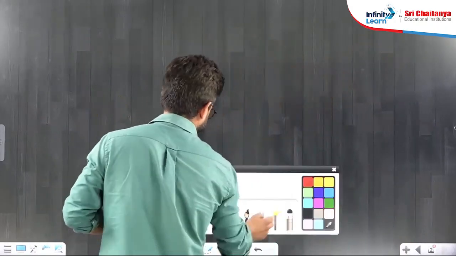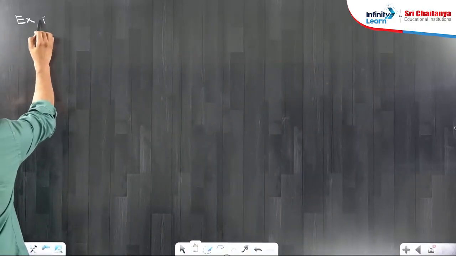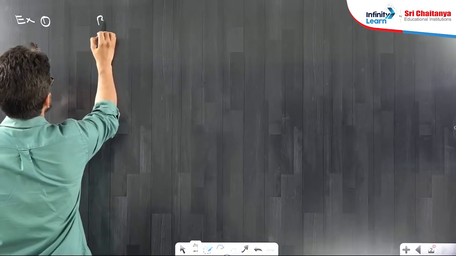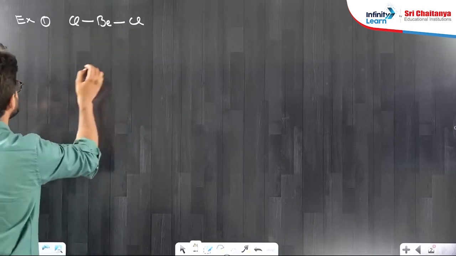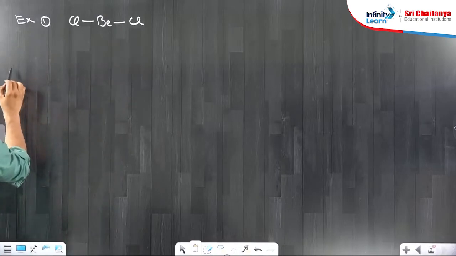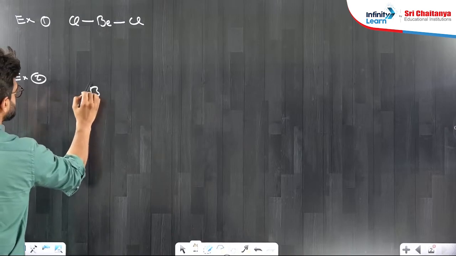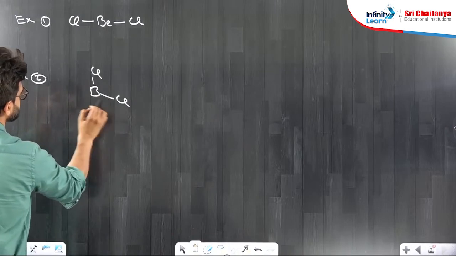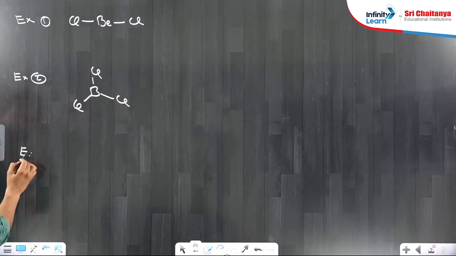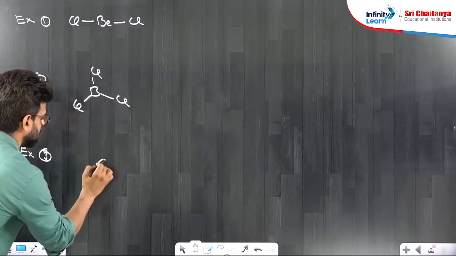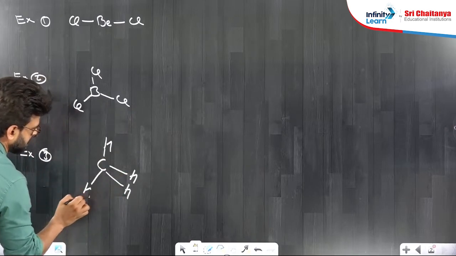So we will take example, like if I am saying example number 1, I am taking the BeCl2. BeCl2 is having this structure. You can easily draw the structure using the technique which we discussed. If I take example of BeCl3, so here it is BeCl3, right? Now third one, if I take example of CH4, here we have CH4, right?